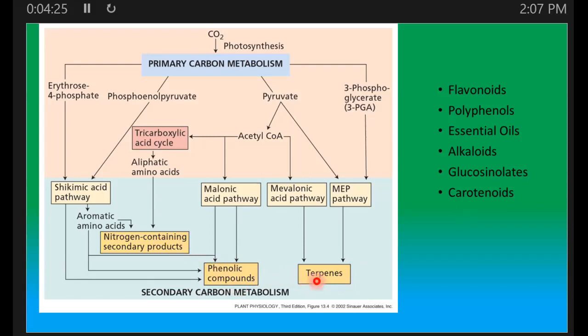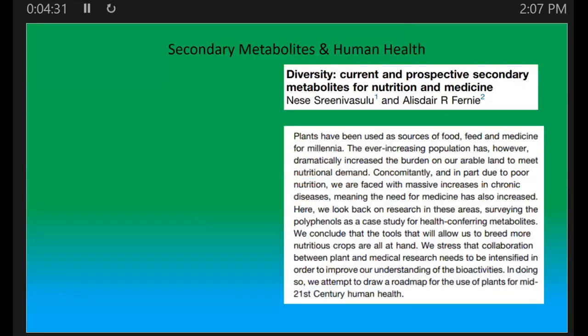And so when you look at secondary metabolites, the reason this topic is so hot right now is that we appreciate that when the plant is making secondary metabolites to defend itself, and then we eat the plant as it's doing that, those secondary metabolites are good for our health.